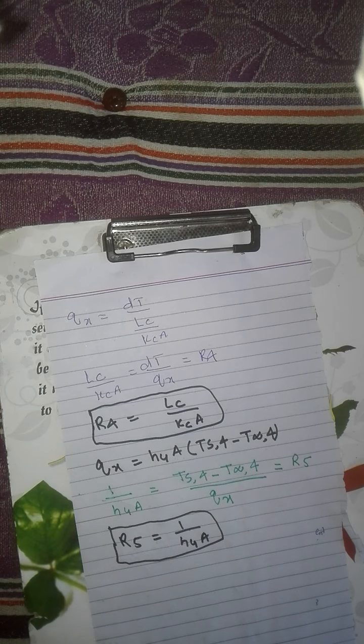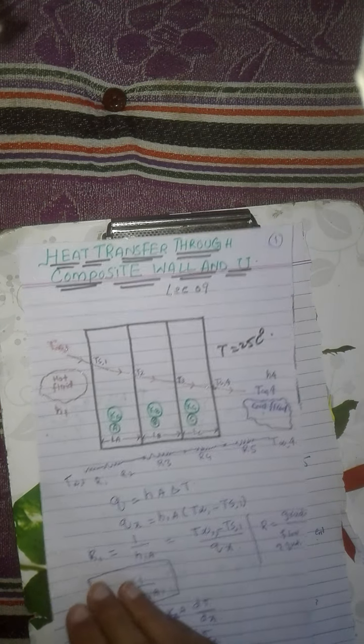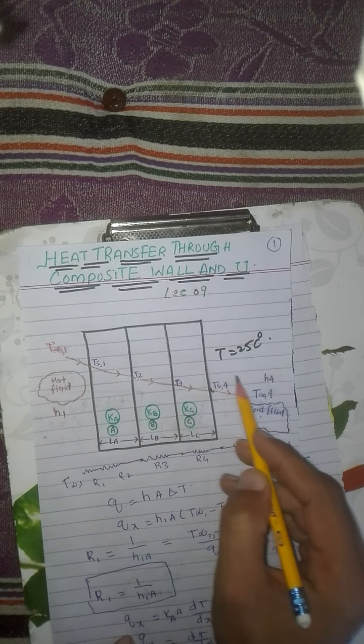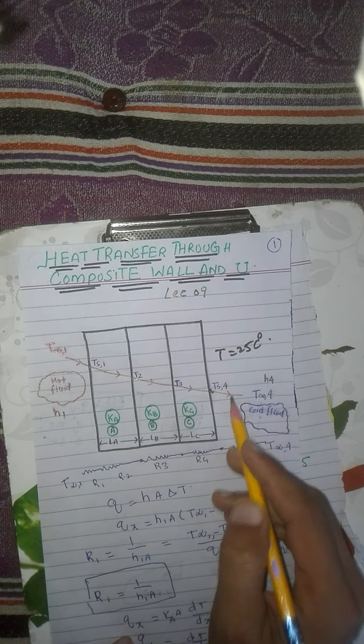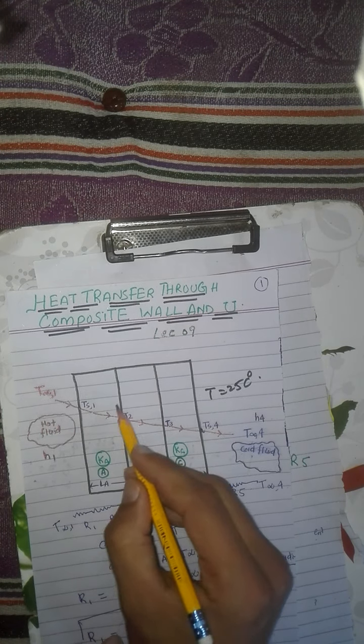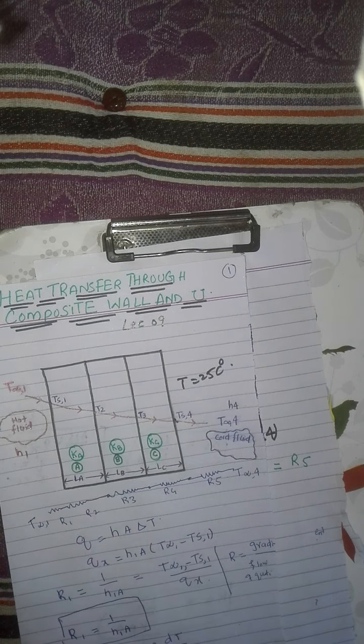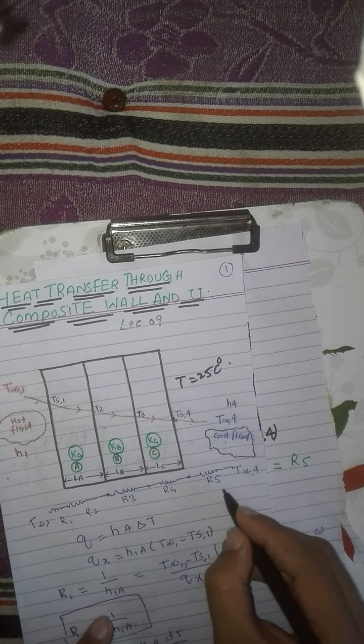Now, as we know, the heat transfer through this wall is by conduction, and the heat transfer through the fluid is by convection, and here the heat also transfers by convection. We assume that the heat transfer is only in the x direction.